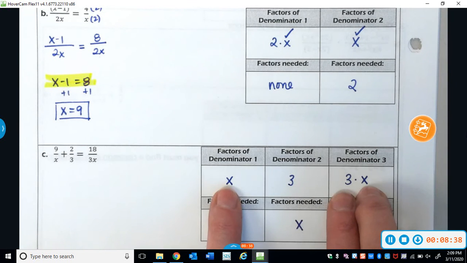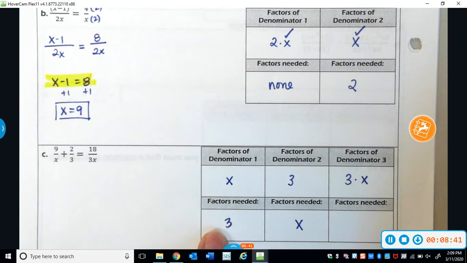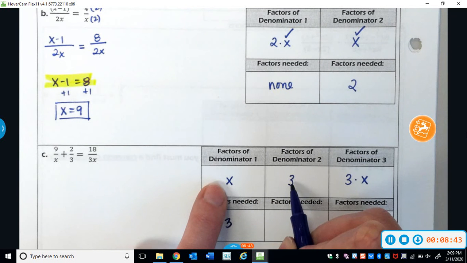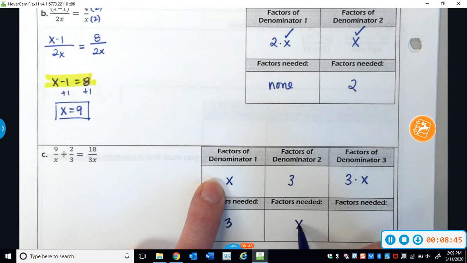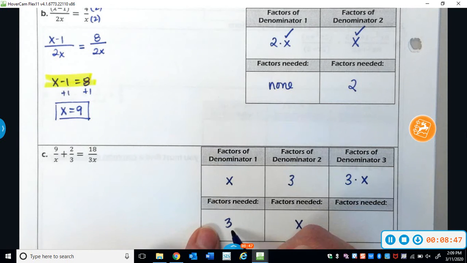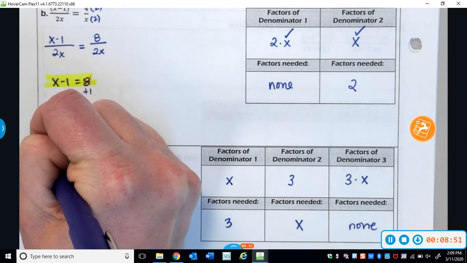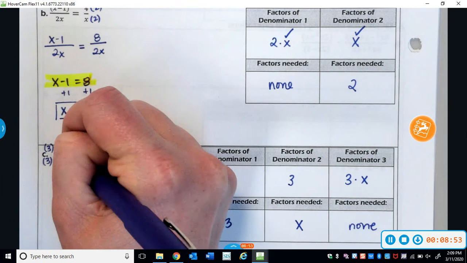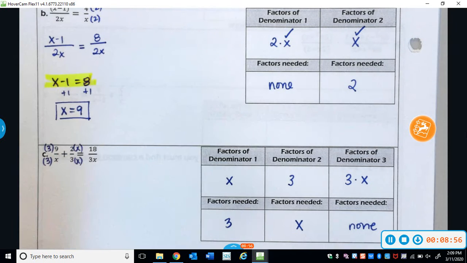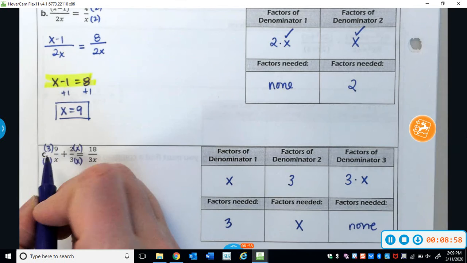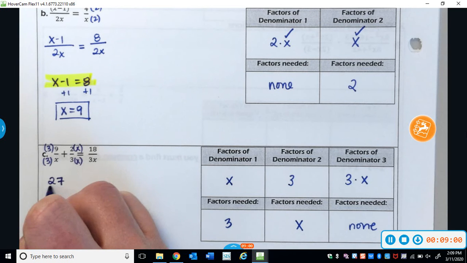For this one, they each have an x in common, so this one needs a 3. And if I check these two, this one needs an x, which we already gave to it, and this one needs a 3, which we've already given to it. And this needs nothing. So I'm going to multiply my first fraction by 3, my second fraction by x, and my last fraction by nothing. So 9 times 3 will give me 27.